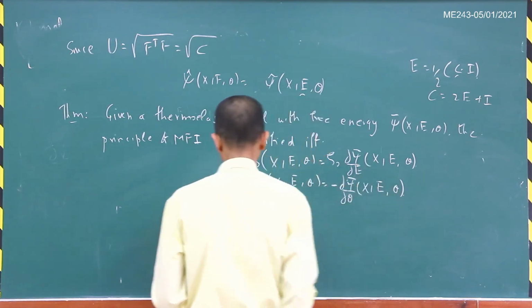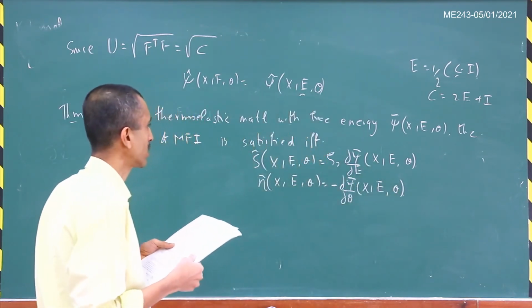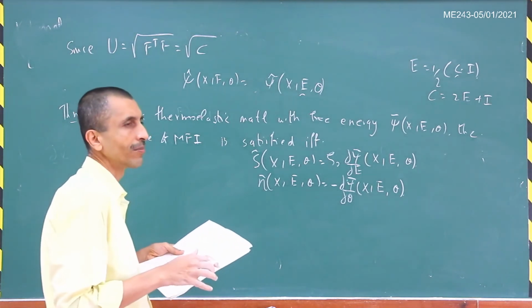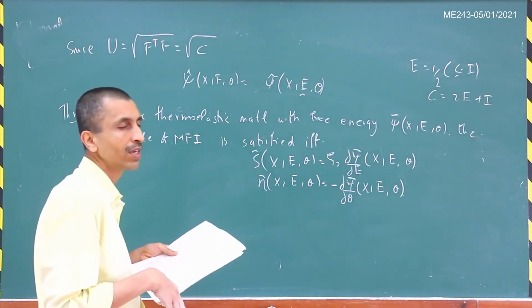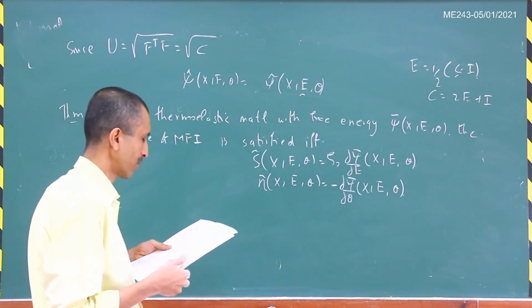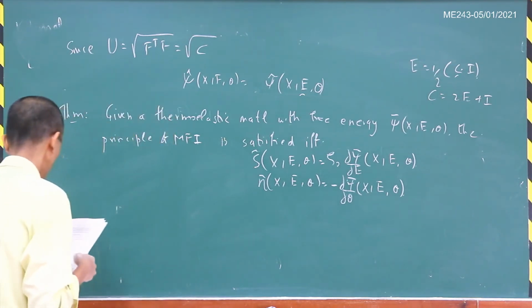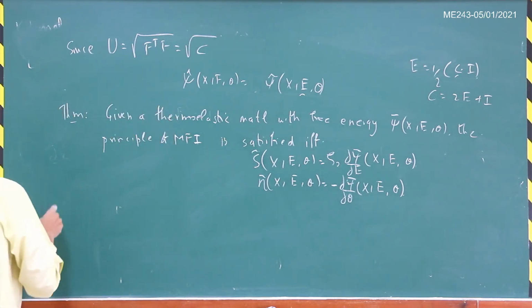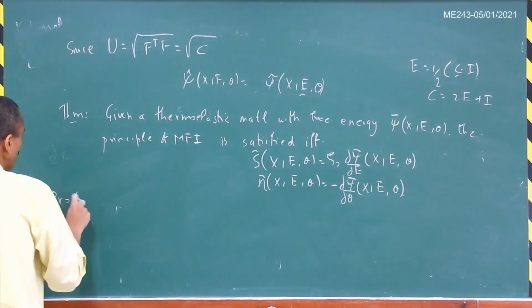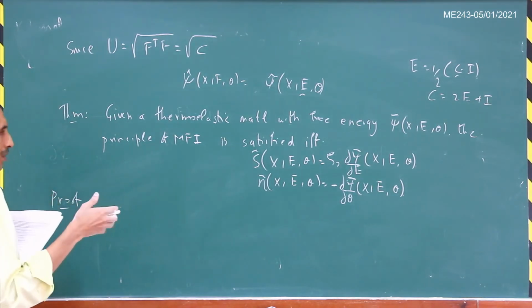Okay, so this is it. So basically the second theorem of stress is given by the gradient of the free energy with respect to the Green strain here. So let us show that. So proof. The proof is just an application of the chain rule here.